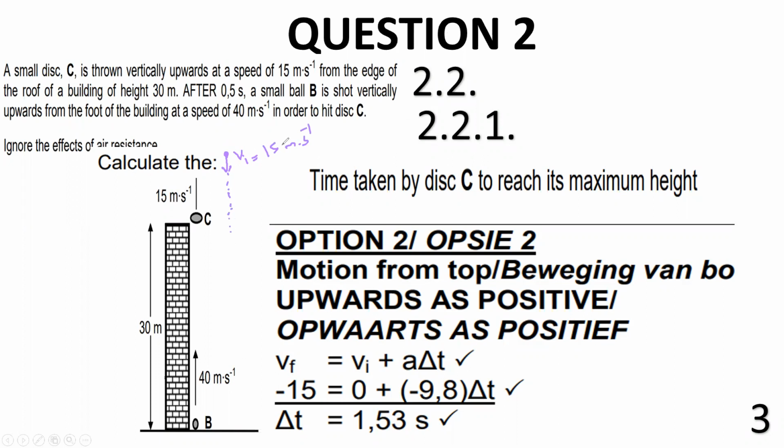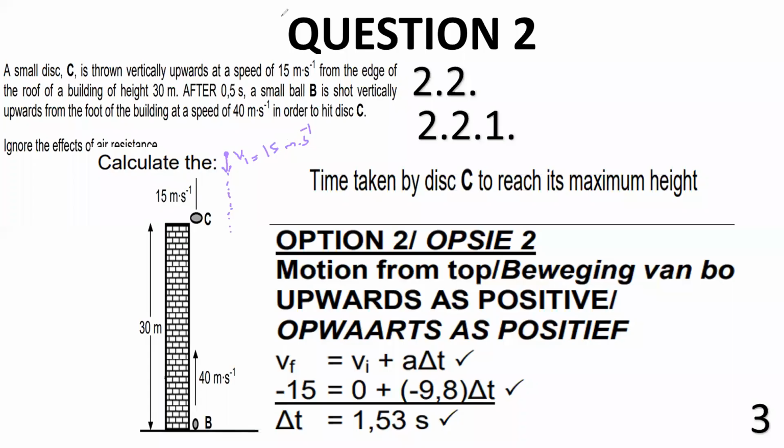For this kind of motion, V initial equals 15 meters per second, sorry, and V final is minus 15 meters per second. Because we know when the object is going up to the highest point, and from the highest point it's coming back, you can use this motion when it's coming to the same level, same position.